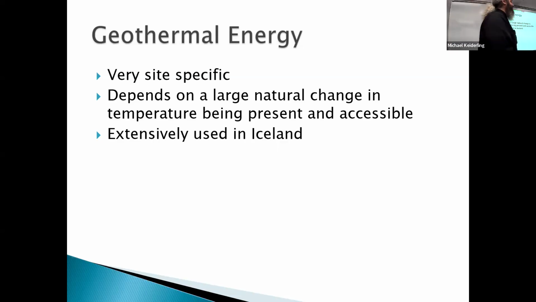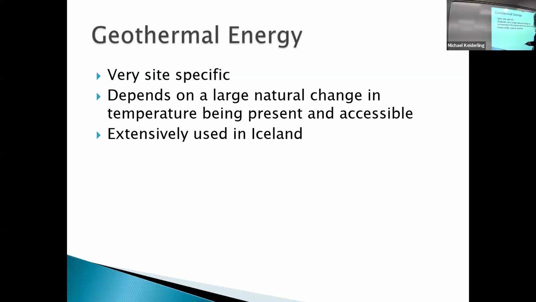So the big problem is that there's a big capital outlay, and finding out if your site is worthwhile is expensive. Once you've got it, it's great, super cheap to run because you're just running off the heat of the earth. You're barely expending any money to run your power plant.